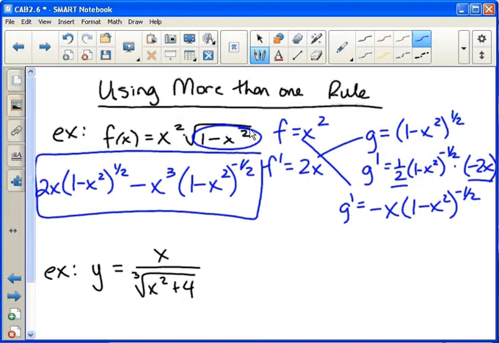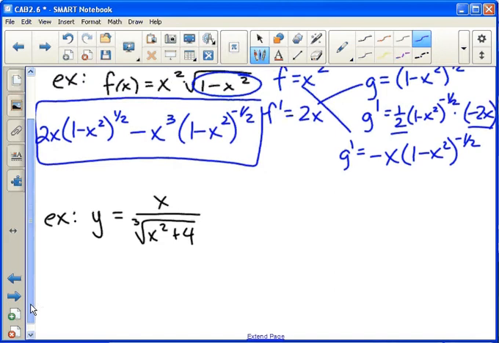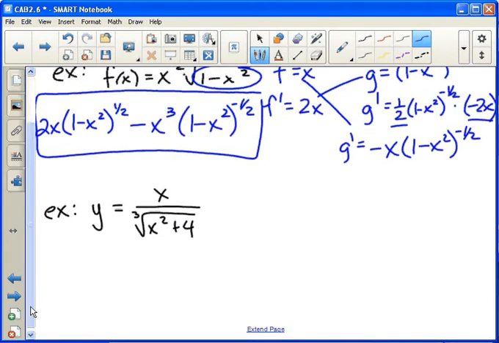Okay, let's look at this second example. We have y equals x over the cube root of x squared plus 4. So take a second and think, what two rules is this one going to require? It's going to require the quotient rule and the chain rule. Again, we need to figure out which rule to use first.